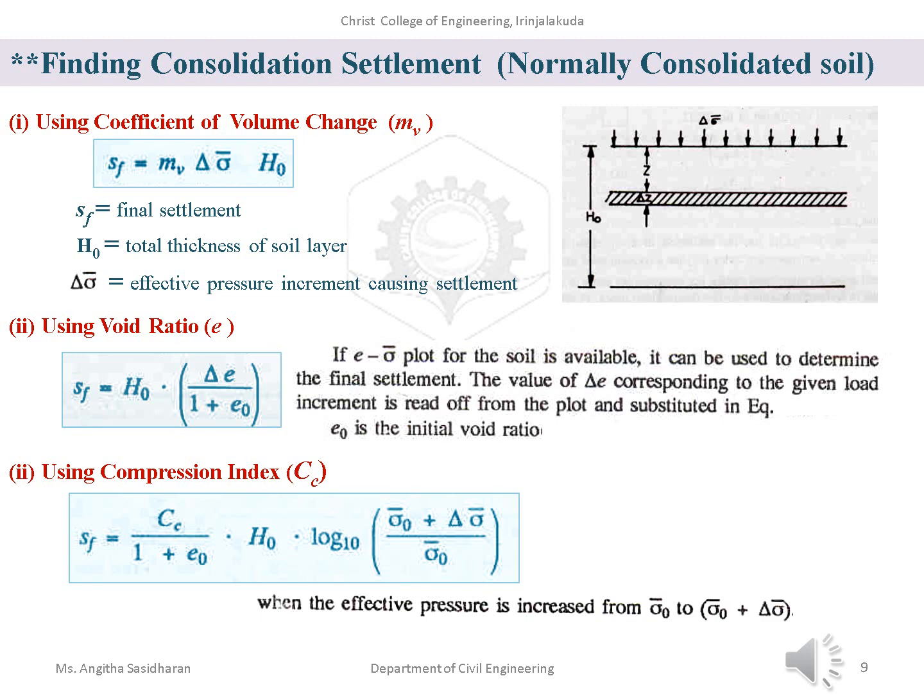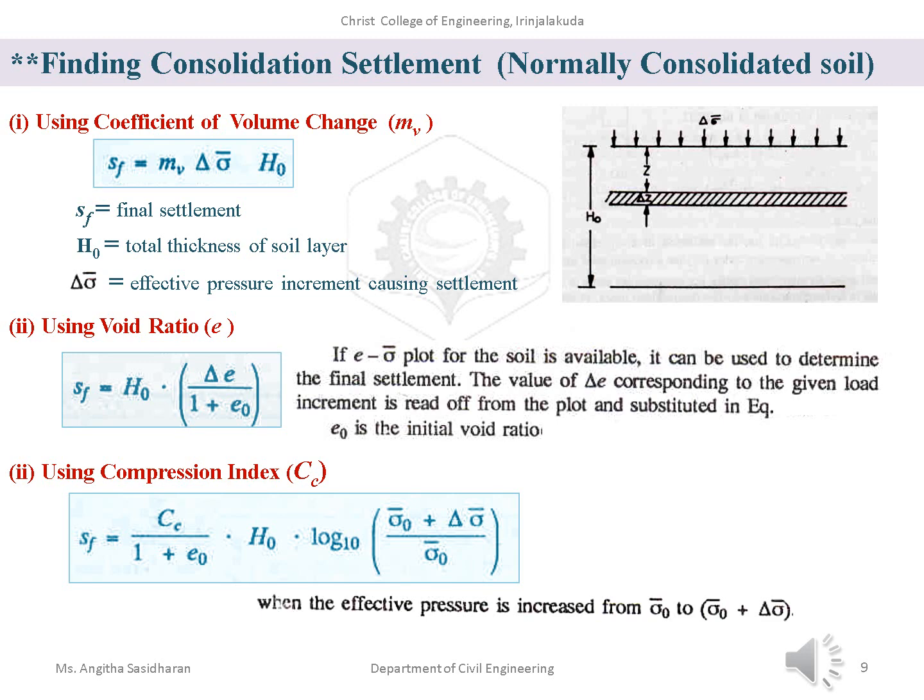First is how to find the final settlement, and this equation involves the coefficient of volume change, MV. SF is the final settlement. SF is equal to MV into delta sigma bar into H0, where H0 is the total thickness of the soil layer.